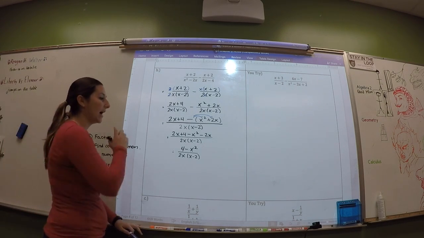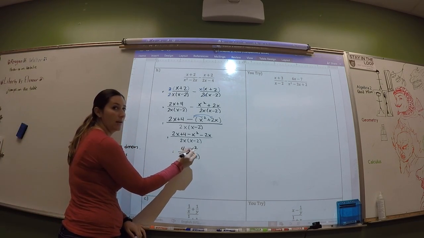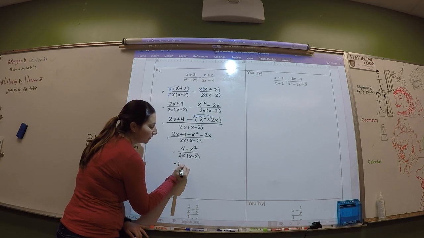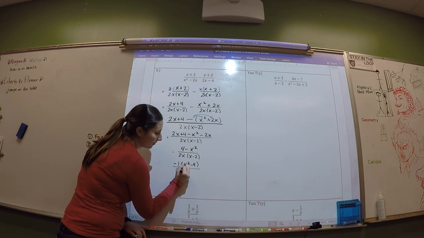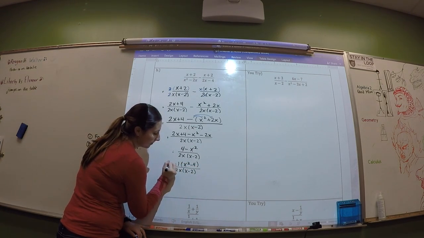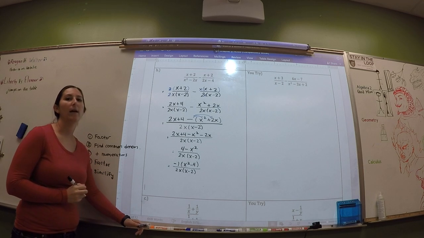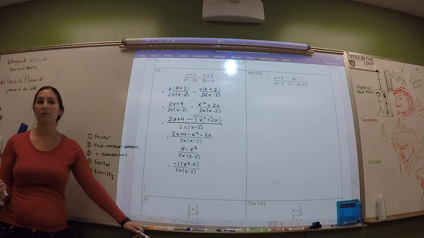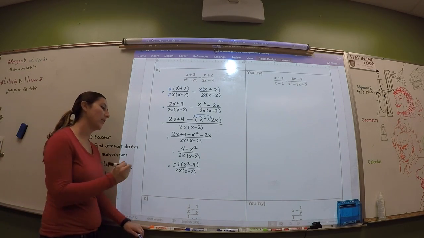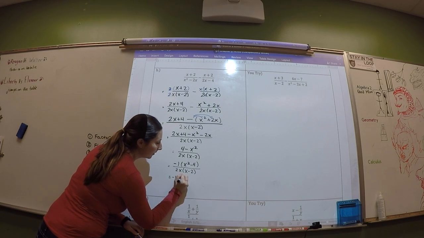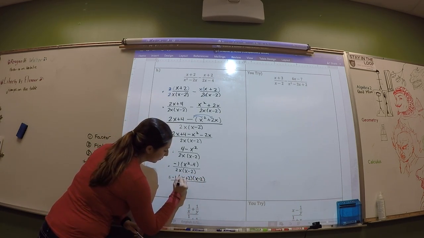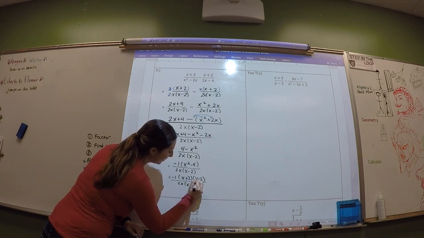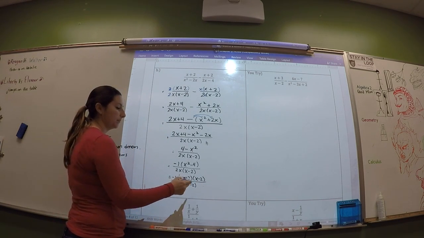We can factor out a negative 1 to make it go the other way. And then now we have a difference of squares. So that would give me x plus 2 and x minus 2. And that will allow the x minus 2's to cancel.